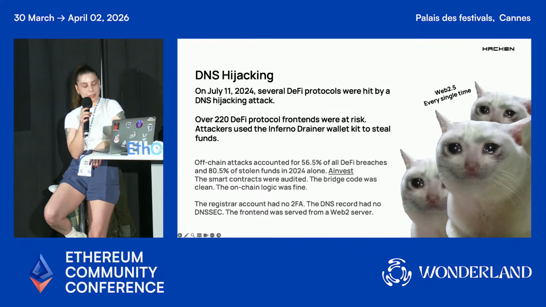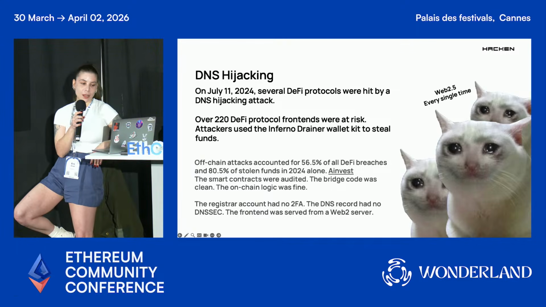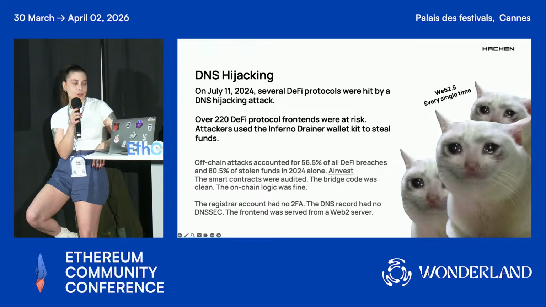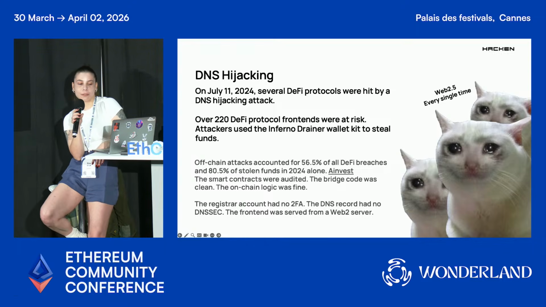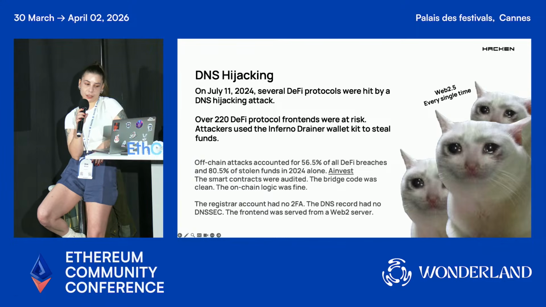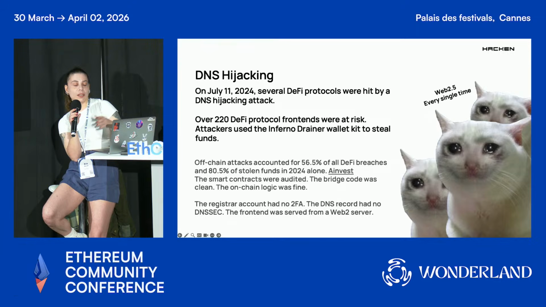And the last one is mostly related to Web 2 infrastructure, but it directly affects the Web 3 area. In July 2024, several DeFi protocols were affected by DNS hijacking attacks. The code was clean. There was no issue in the on-chain and off-chain logic.